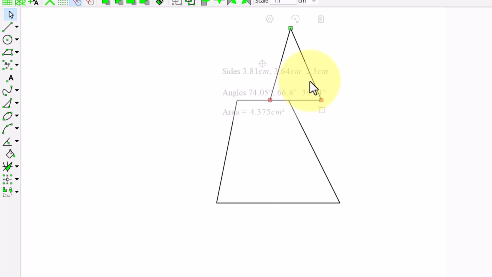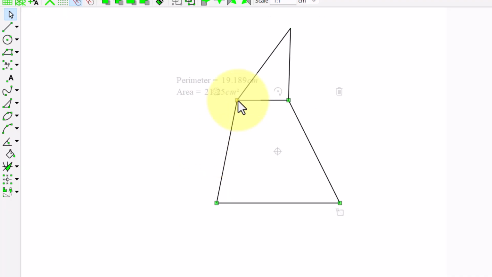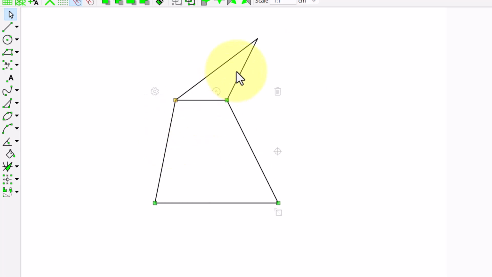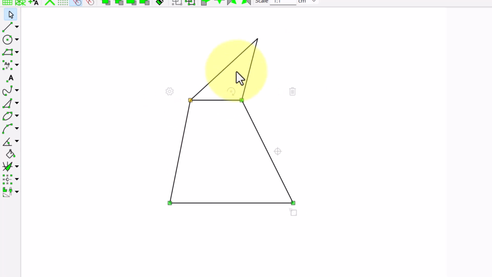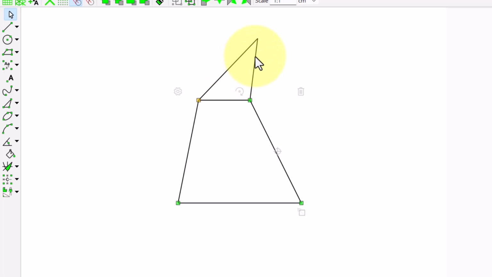All trapeziums came from a triangle. That's one thing I want us to take note of. Very, very important. All trapeziums came from a triangle. So don't forget that. This is just the demonstration I want us to see. Alright, let's end the lesson today.